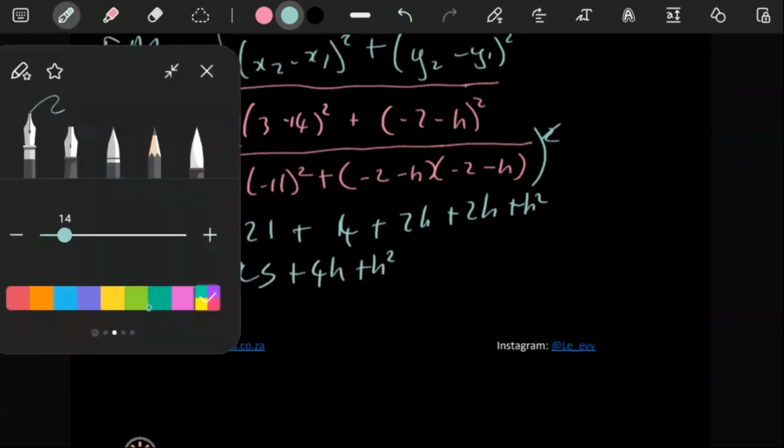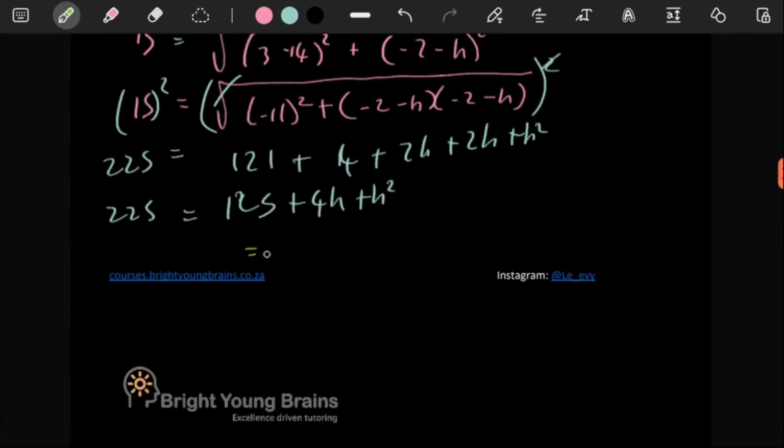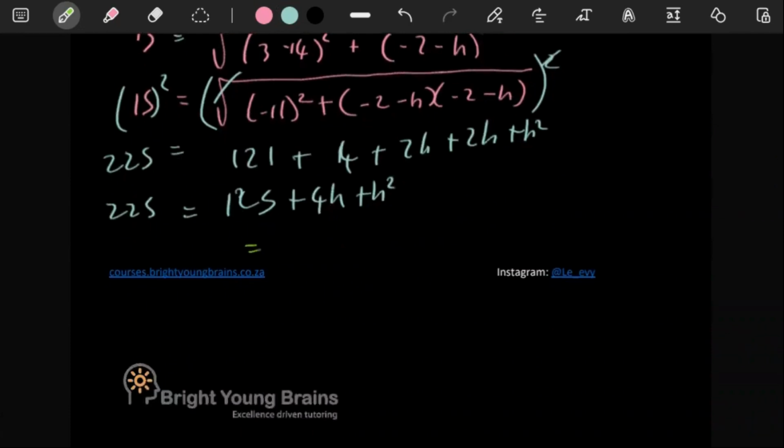So we can just put everything on one side. It looks like we're going to have a quadratic equation. I feel like I went the long drive, but here we are. H squared plus 4h, 125 minus 225 is 100.